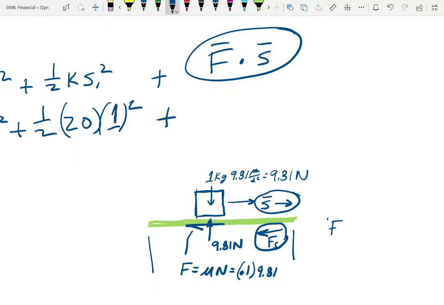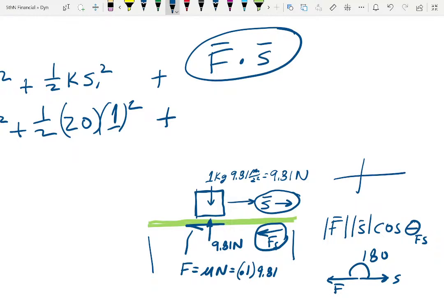So if you have F magnitude, and S, and cosine of the angle between the F and the S, you'll find, put S here, put F here, that's 180 degrees. If you look at cosine, here's your 180 degrees, and it's a -1. So you get a minus, and we'll talk about the implications of that minus. This minus is pretty important here.